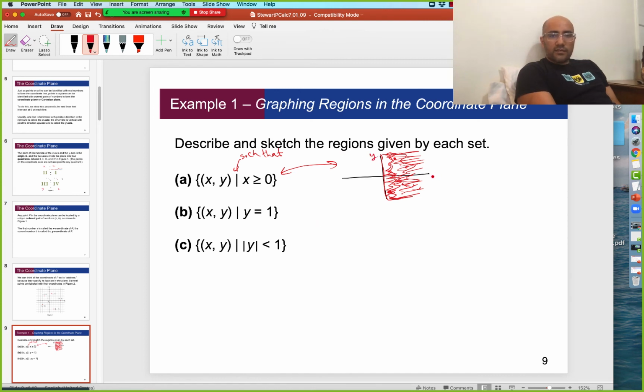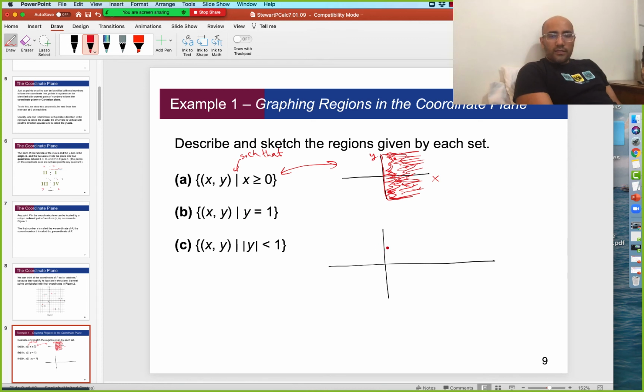So there's the y-axis, here's the x-axis. What about this one? Now we have a separate condition. The condition is (x, y) such that y better be equal to 1. So let's again think about all the possible answers. As I think about a point, an ordered pair (x, y) such that y is 1.